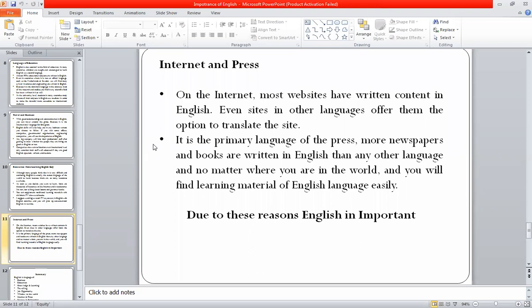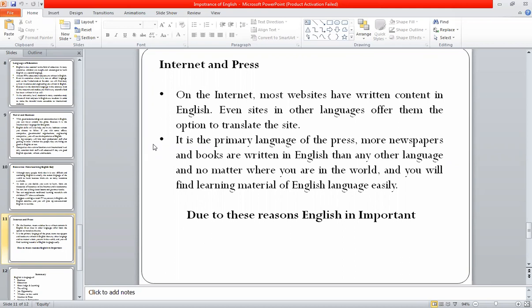Every day you will have to use it because there are many resources you can find on Google itself. Most of the websites are having content written in English language.